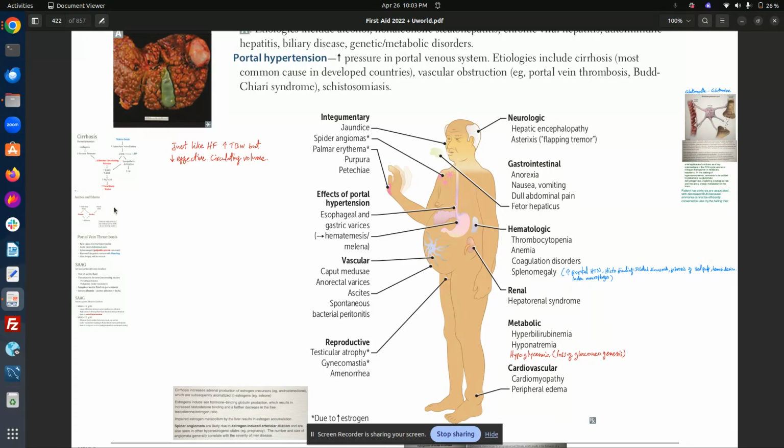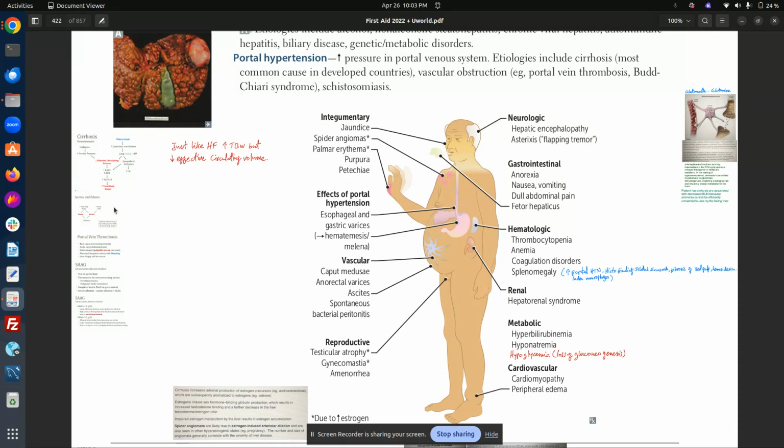Okay, this is what happens in ascites. Because of increased hydrostatic pressure from portal hypertension and decreased oncotic pressure from low albumin, it leads to ascites.